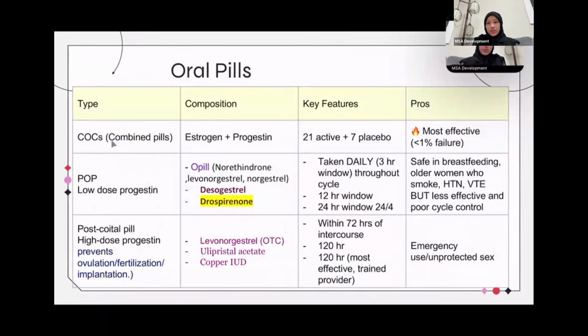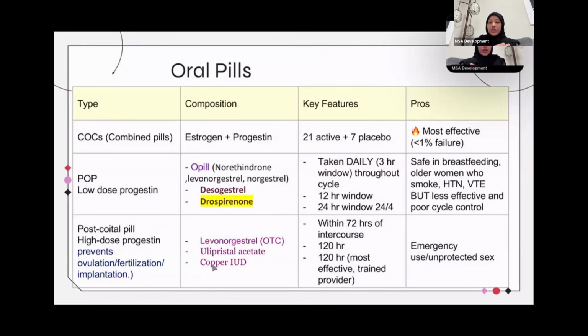So if we were using levonorgestrel, which is a second generation progesterone only, it is over the counter, they can find it, and within 72 hours of that unprotected intercourse you can give it, and it will work in preventing pregnancy. If you are using something called ulipristal acetate, which is another form of progesterone, it's within 120 hours of that intercourse that you should give it.